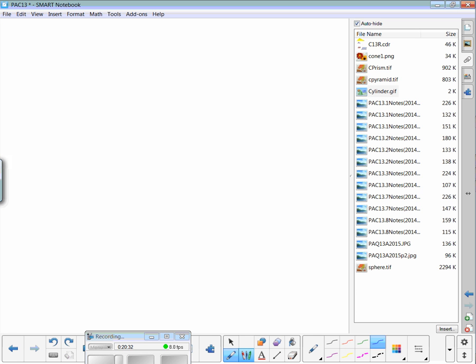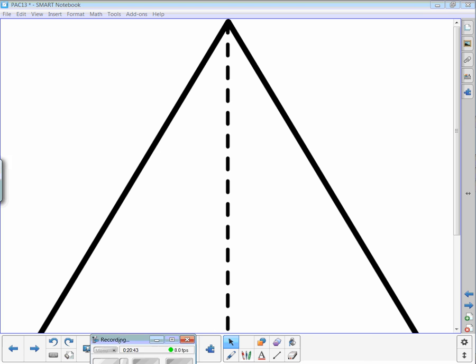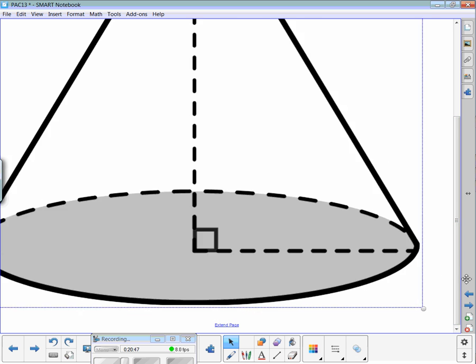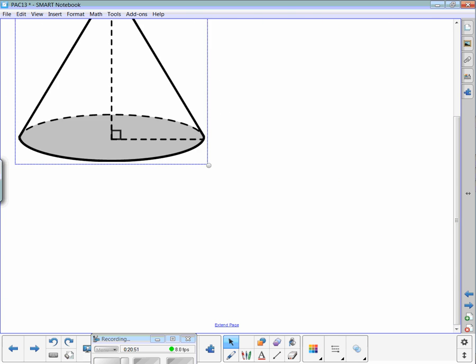All right, well, you can have some other shapes. Oh, that's a big cone. No ice cream in it, unfortunately.